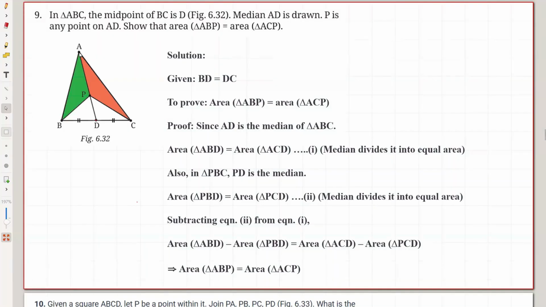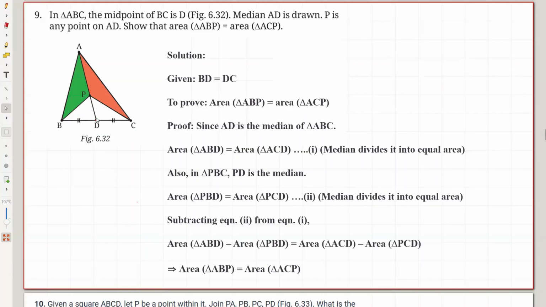A line segment joining the vertex to the midpoint of the opposite side of the triangle is called a median. Since AD is the median, and a median divides the triangle into two equal areas, we can say the area of the triangle ABD is equal to the area of the triangle ACD. That is our first equation.